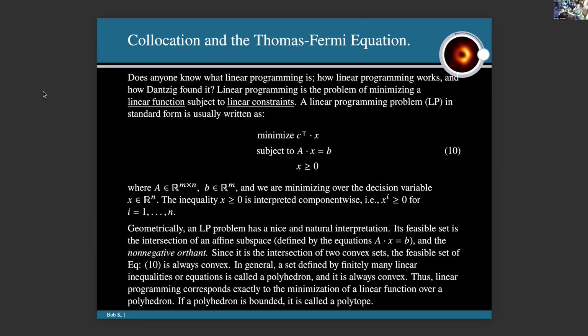Both names are generally used. If the polyhedron is bounded, it's called a polytope. Okay. So the idea is you look at the positive orthant, take all of the half spaces, and you'll find a polyhedron in that.